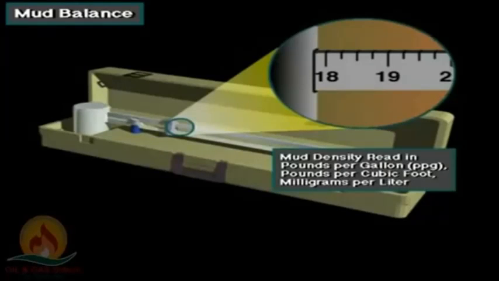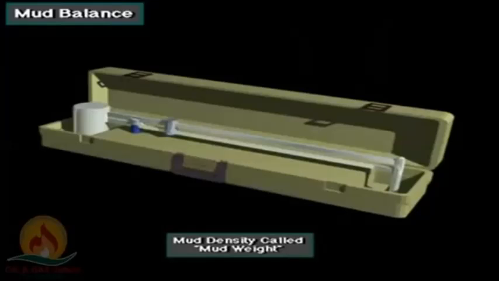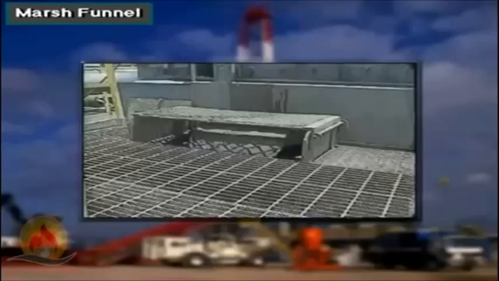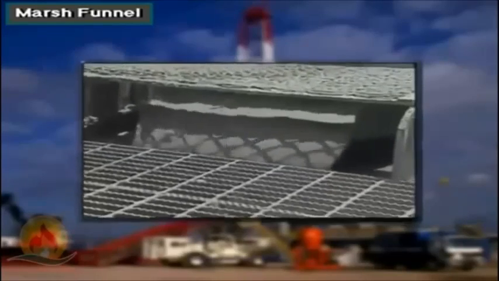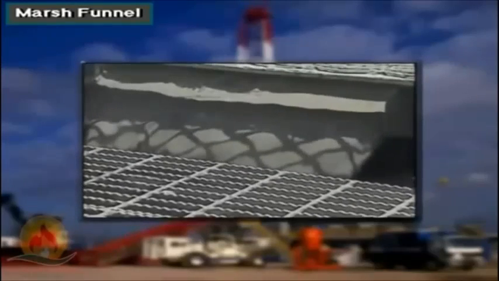In many areas, mud density is read in pounds per gallon, but can also be reported in pounds per cubic foot, milligrams per liter, and other units. Mud density is usually called mud weight by the rig crew. The viscosity of the mud, its thickness or resistance to flow, is also an important factor.